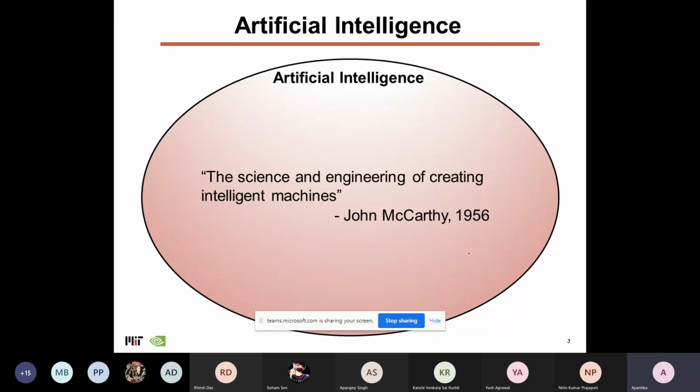What are the components present in this DNN, or deep neural network? What is their importance, and how are they organized? And, most importantly, at the end of today's discussion, maybe we will discuss a few architectures.